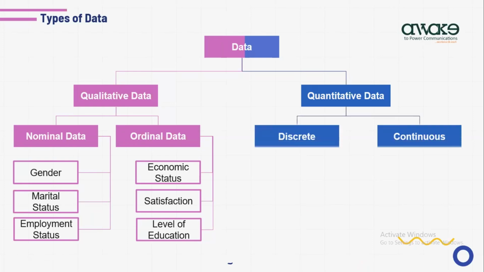So under quantitative data, we have discrete and we have continuous. Before we describe what discrete data is, let us know what quantitative data is. Okay?